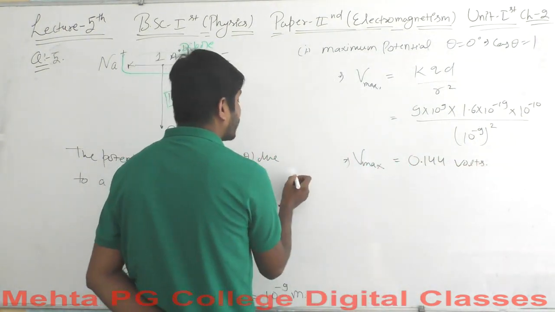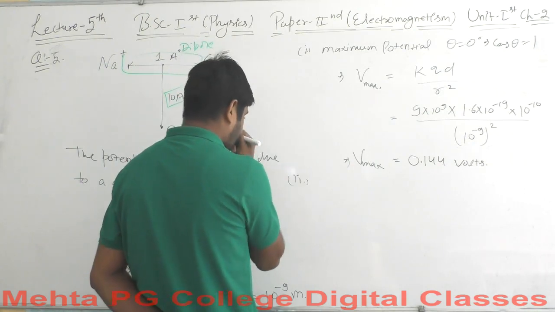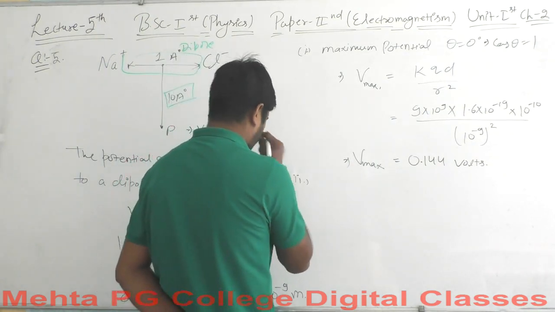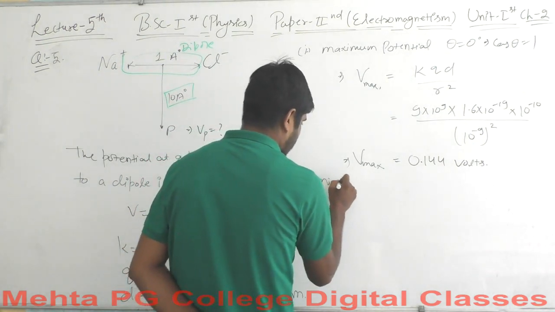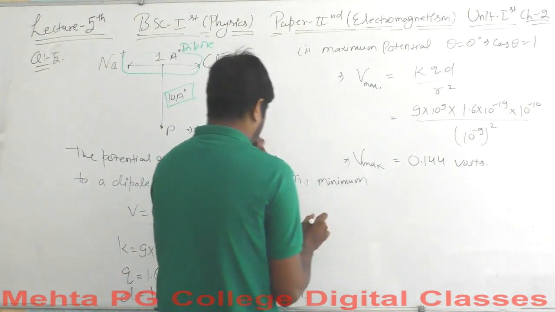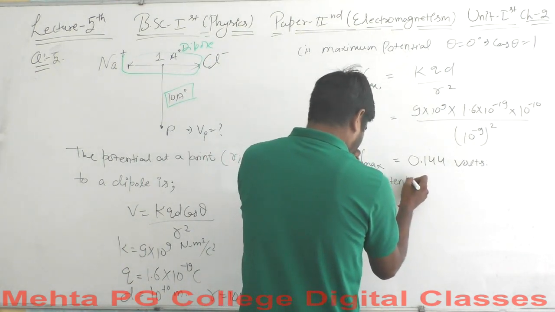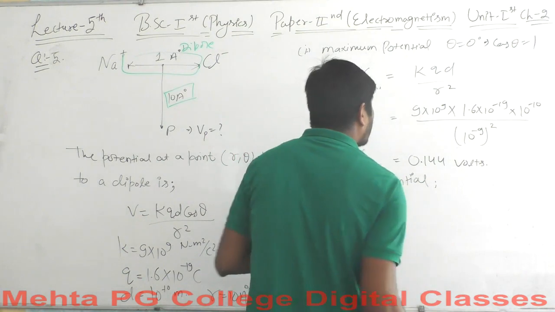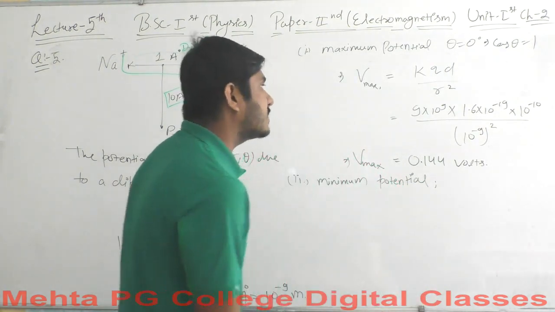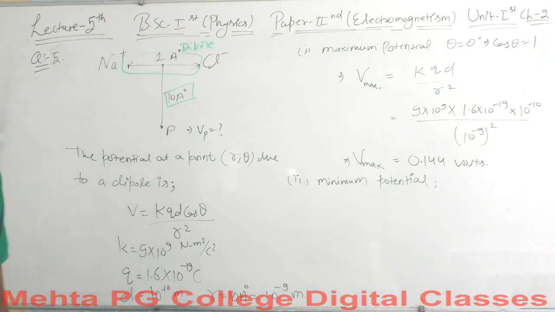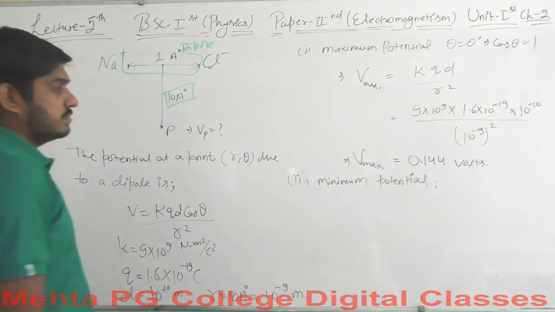Also the minimum value of potential. For minimum potential, what should the value of cos theta be? 0.